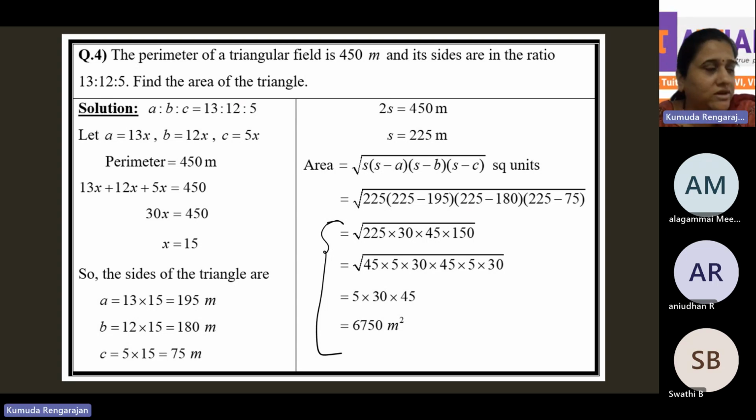Next class on Tuesday, number systems revision. Not the full class, maybe some 1 hour, and then we'll continue with Heron's formula. Full chapter, including exponents. Exponents is also part of number systems. Including exponents, meaning literally what we have done so far, everything.